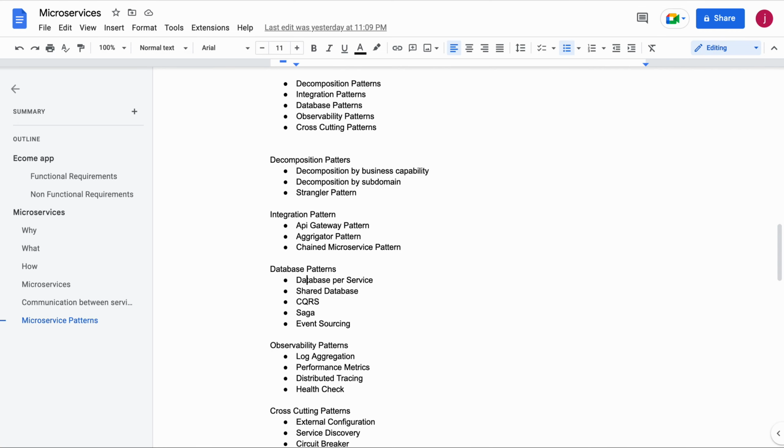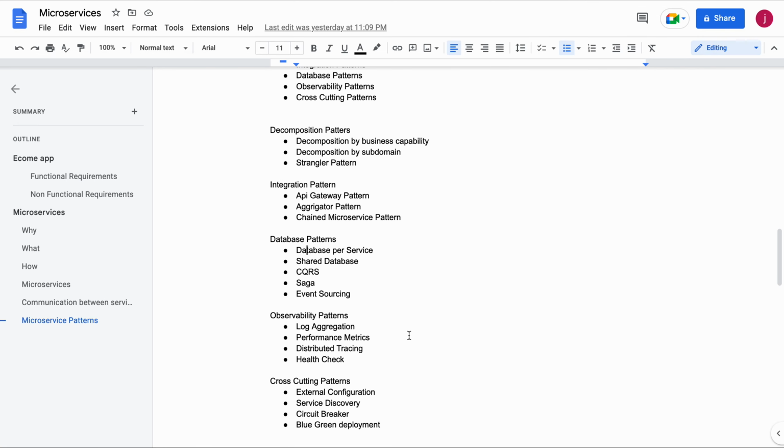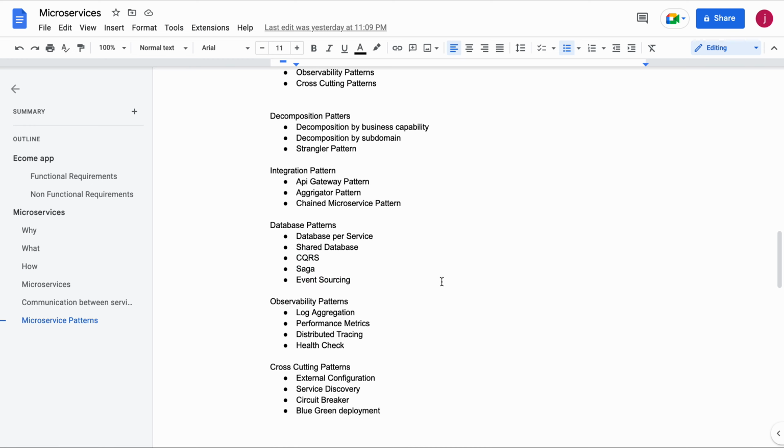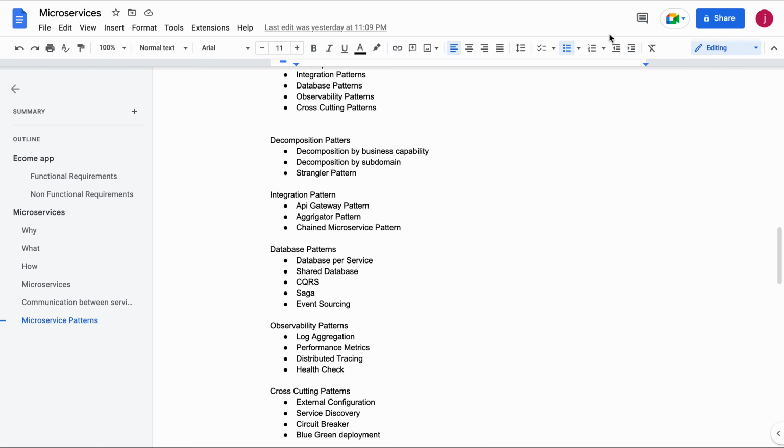And there are other patterns as well: CQRS, Saga, event sourcing. I cannot do justice to these patterns in a short time. Basically, these are a little advanced.